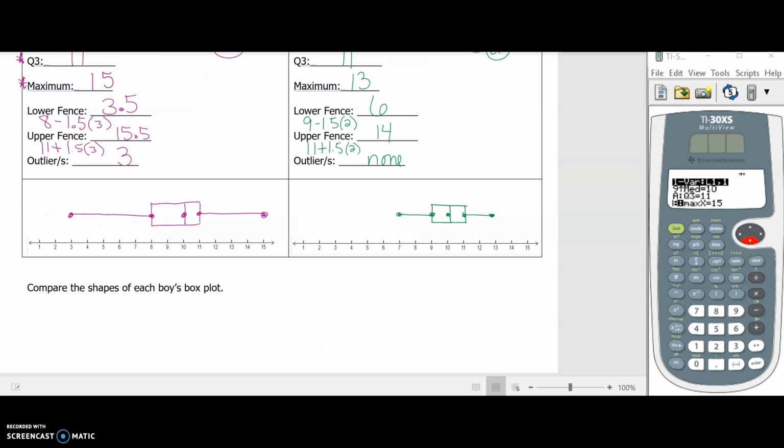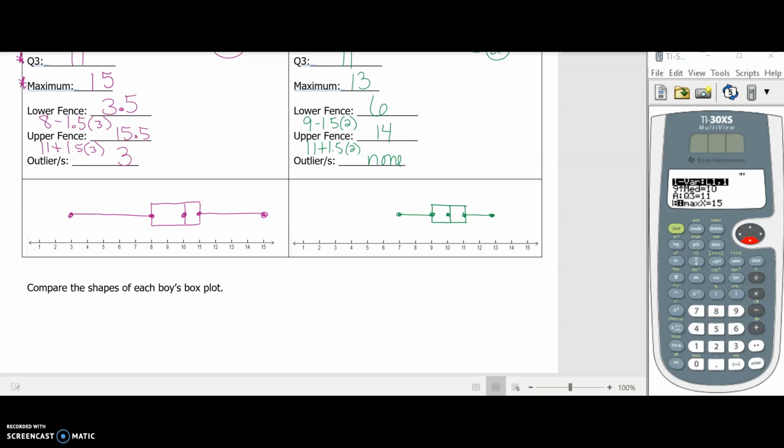Okay, great. Now we're ready to compare the shapes of each boy's box plot. To compare box plots, we're going to compare them from their skewness. So if the minimum to median is longer, then we say it's skewed left. But if the median to the maximum is longer, then it's skewed right. If those distances are similar, then we say it's symmetric.